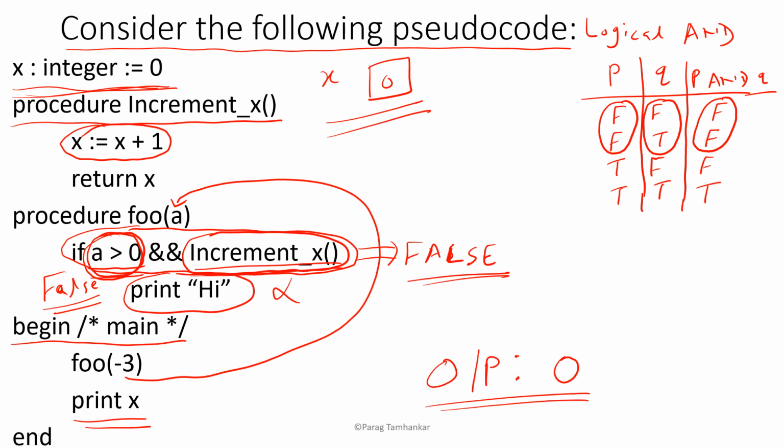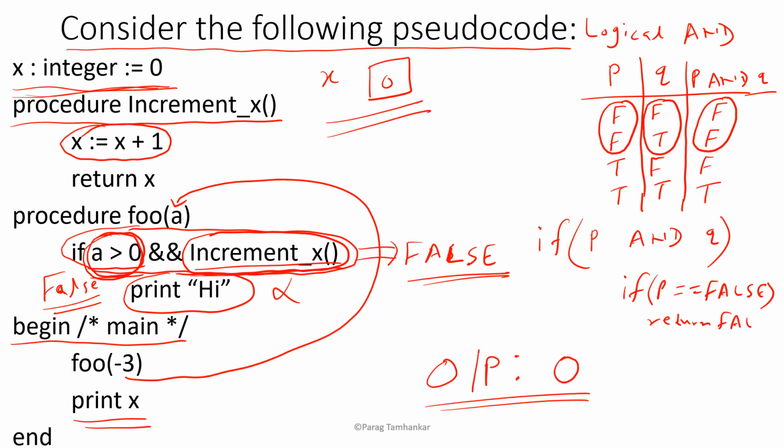So when you are given p and q, right, in if, the implementation would be like, if p double equal to false, return false.